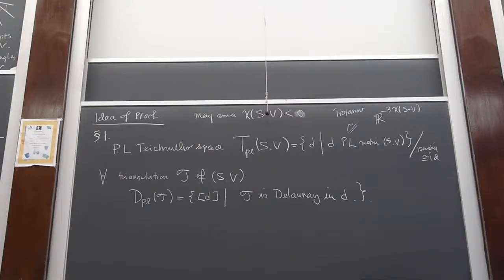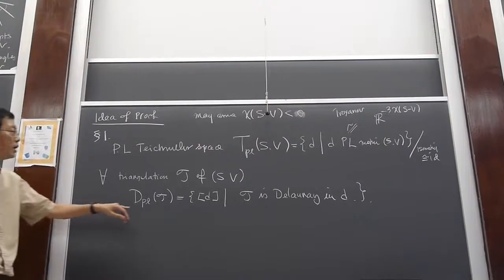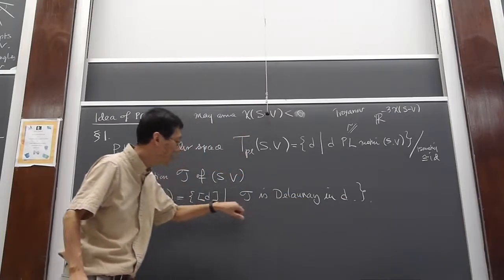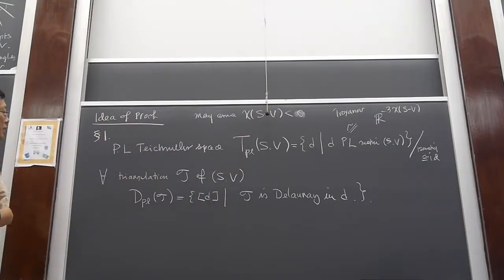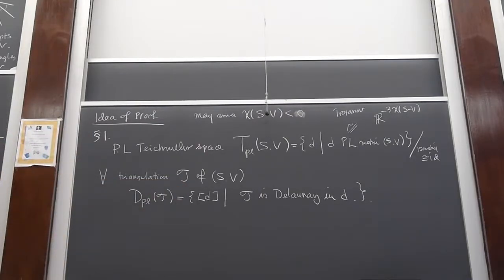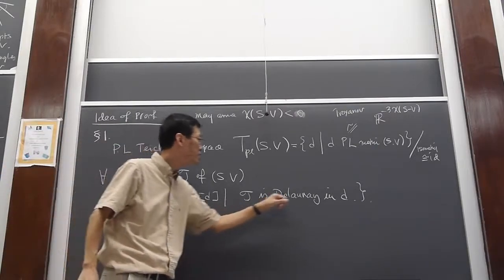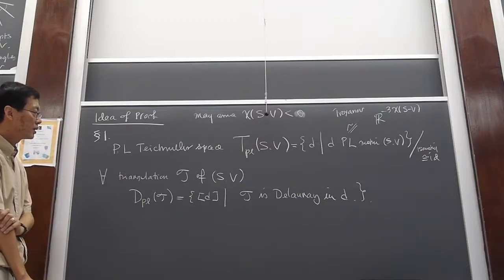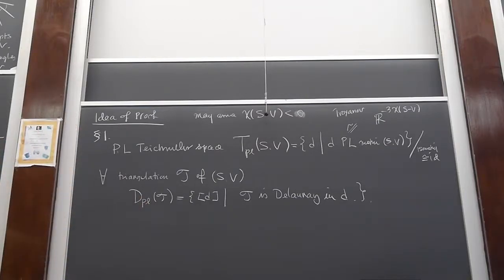And by the construction at the beginning, we know this: every metric has an associated Delaunay triangulation. And also, if I give you a triangulation, you make every edge have length 1, and that piecewise linear flat metric has T as a Delaunay triangulation. So this is a non-empty subset.